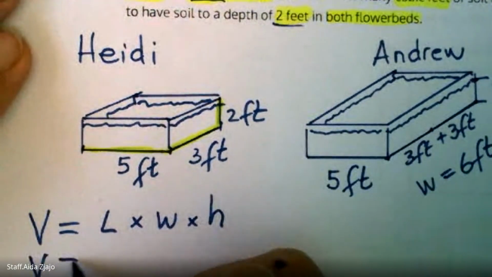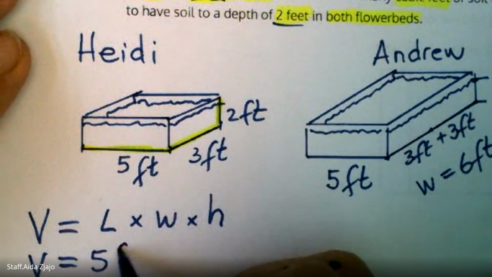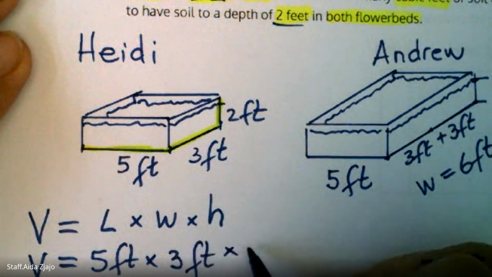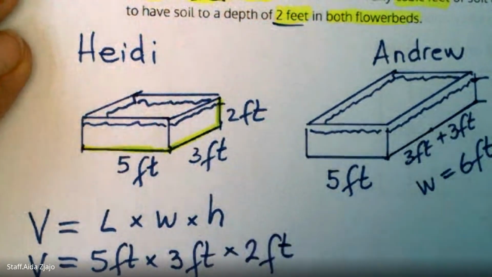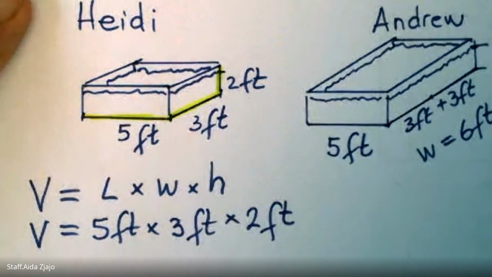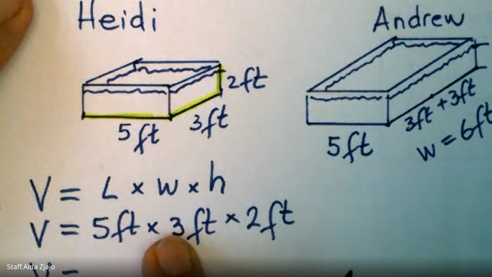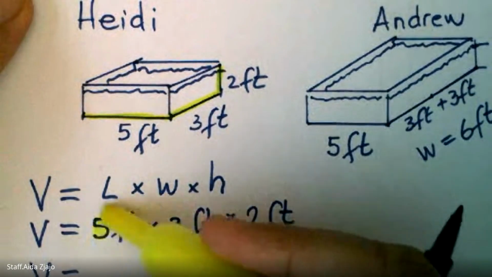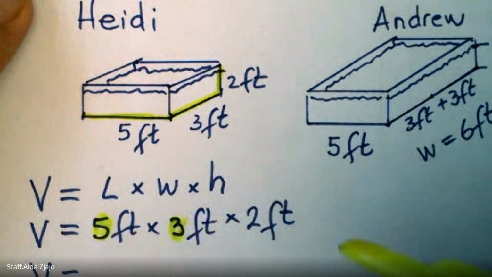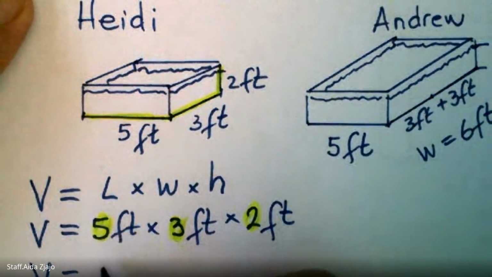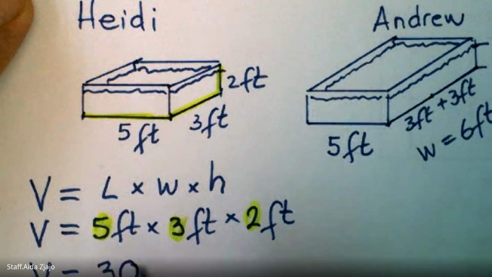So 5 feet times 3 feet times 2 feet. So volume equals 5 times 3. 5 times 3 is 15, and 15 times 2, or 2 15s, is 30.